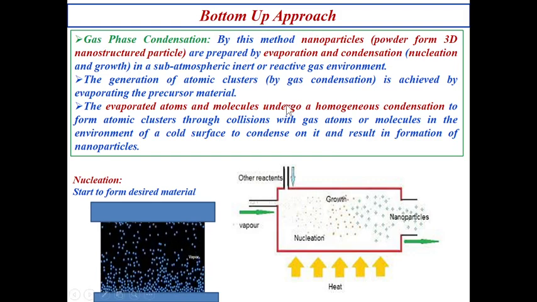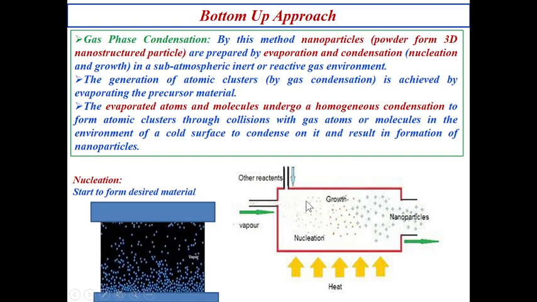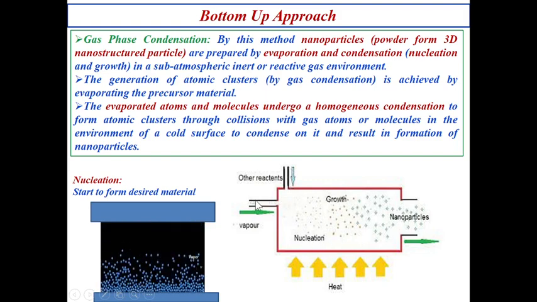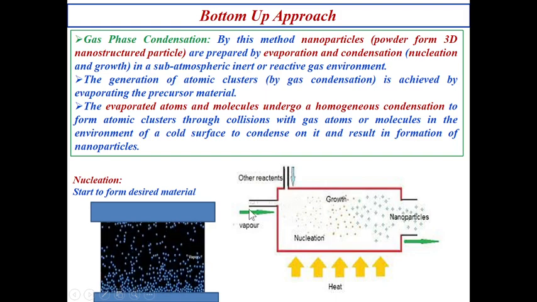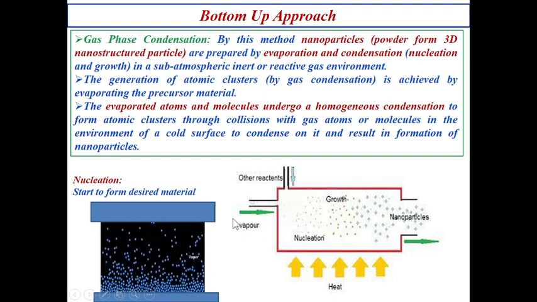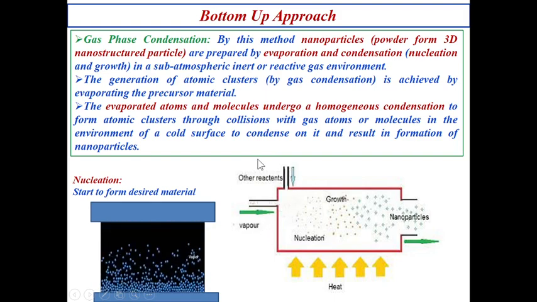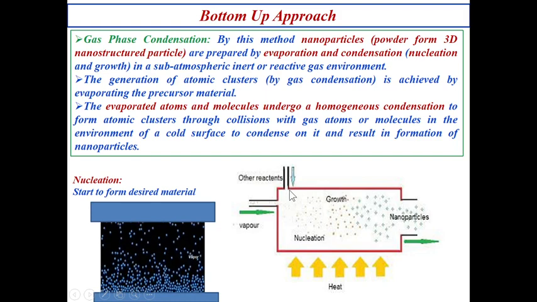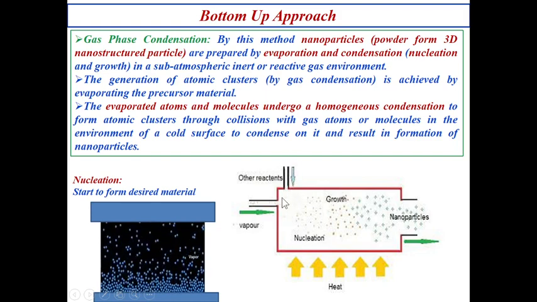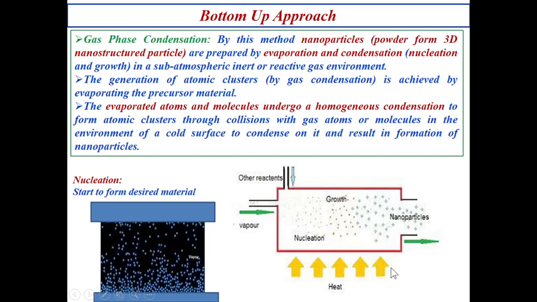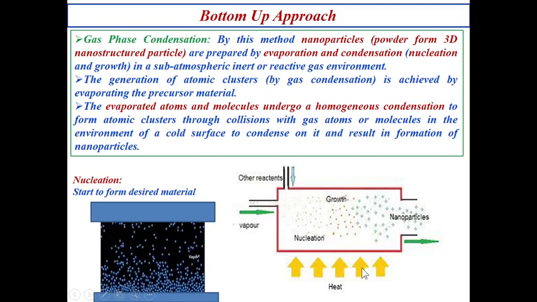What is happening is that this is your chamber, there are two input holes. Along this hole vapor is input, and along the other, reactants, meaning precursors, are input inside this chamber, and the chamber is in a heat bath.